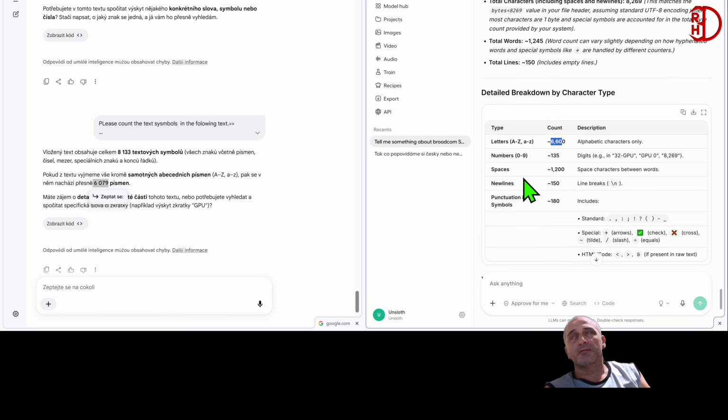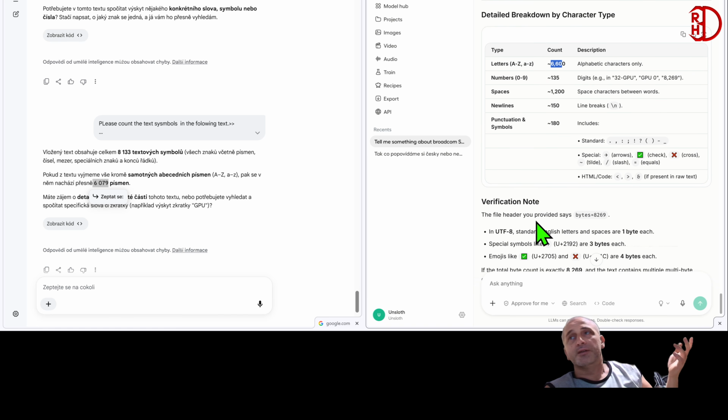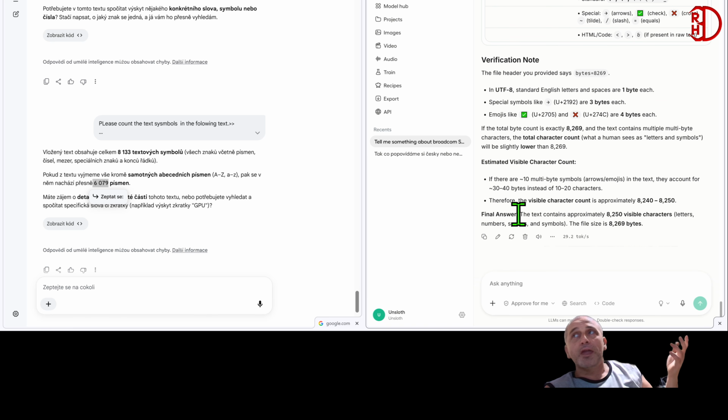So bad. But at the end, he is thinking more, really, okay, we don't have only letters, we have also numbers, we have spaces, we have new lines, and we have punctuation and symbols. So make your pick which one is better.